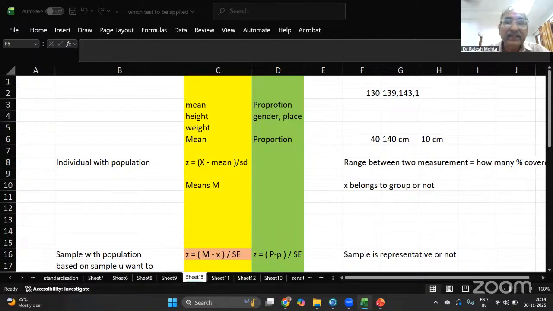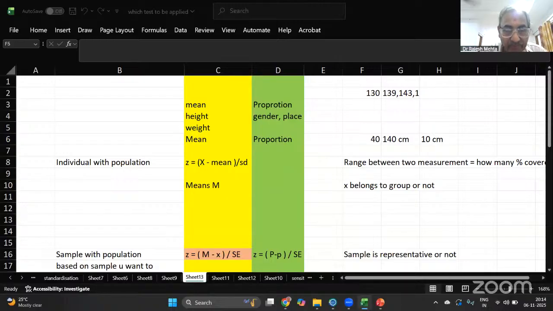So Z, what you need to look at, standard deviation, mean plus or minus 1 standard deviation. That covers how much? So you should remember the normal distribution curve. Normal distribution curve says that mean plus minus 1 standard deviation will cover around 68%. So that means this will cover 34%, half of that.